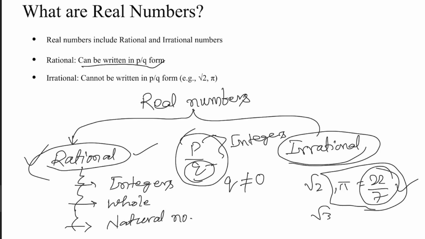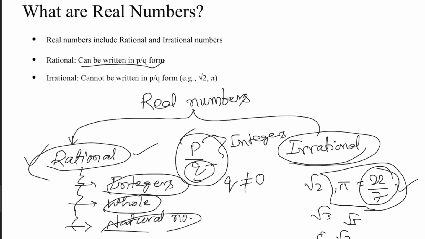Root 3 is another irrational number, root 5 is another irrational number, 5 minus root 3 is another irrational number. All integers, whole numbers and natural numbers are considered rational numbers. You have already studied this in class 9.